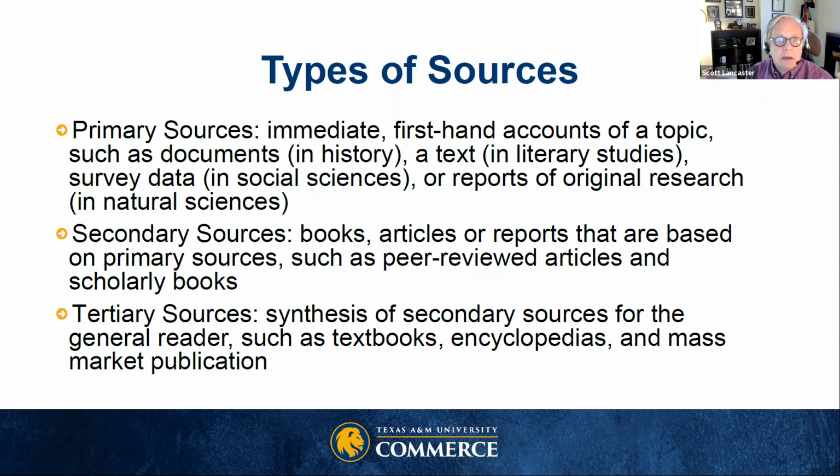So this is where either the survey data or the reports of original research are going to be reported and written about by the people who actually collected that data or conducted that research.